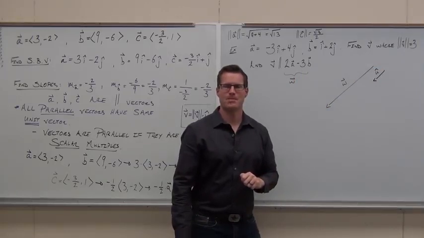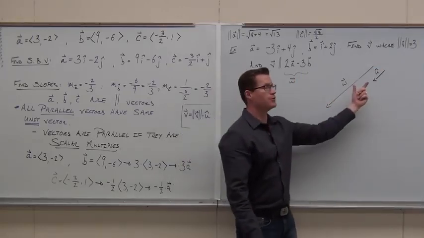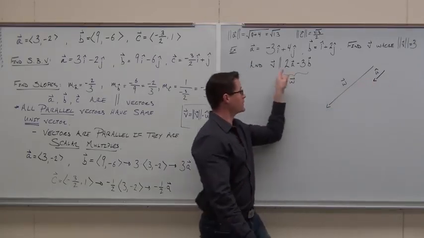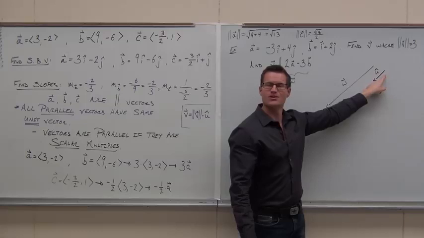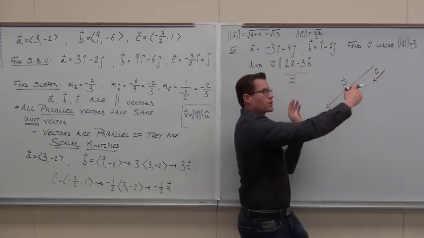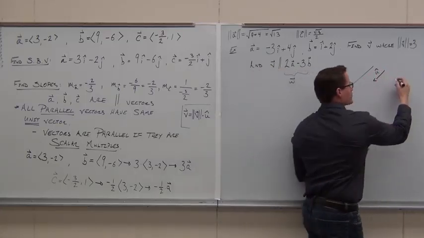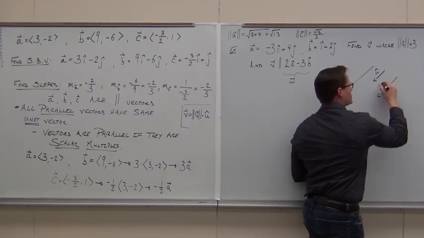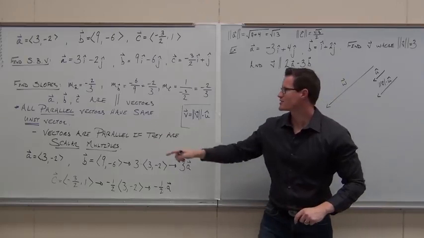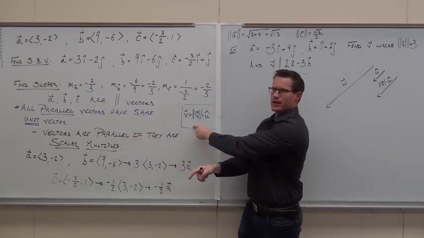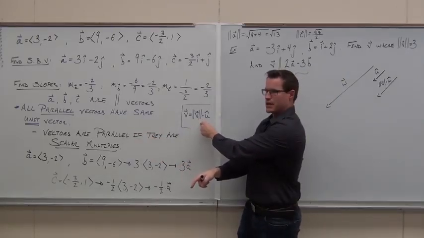Then once we have a unit vector in this direction, I want a magnitude of 3. So we take a vector, shrink it to a unit vector, then grow it back to the magnitude times our unit vector. And that's exactly how we can define any vector: magnitude times unit vector.